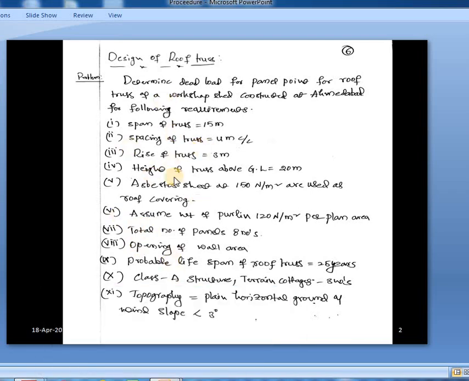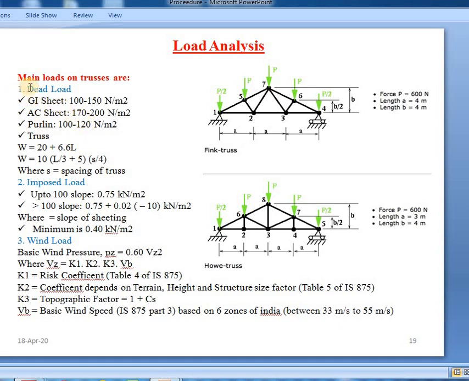That is my intention. Now coming to dead load, what are the loads we should consider? Dead load is nothing but GI sheet, galvanized iron sheet, asbestos sheet, cement sheet, in the range of 170 to 200 Newton per meter square. And also you should observe the self weight of the roof truss, 10 into L by 3 plus 5 into S by 4, where S is the spacing of truss.